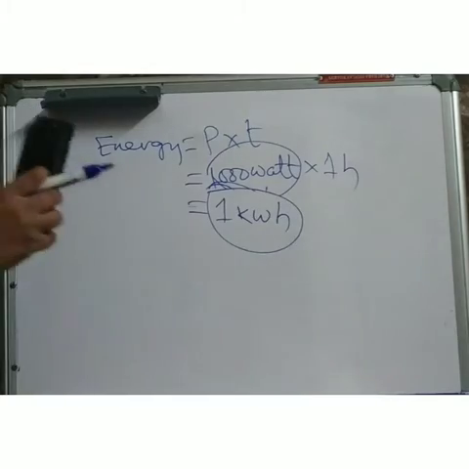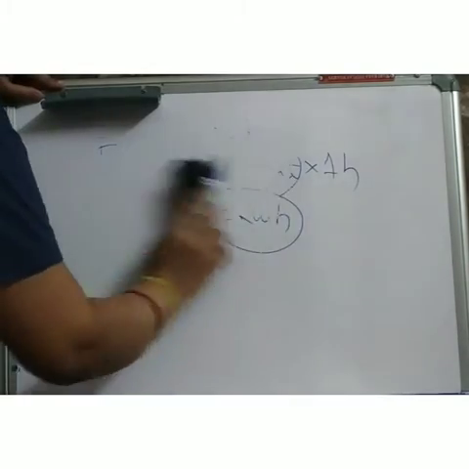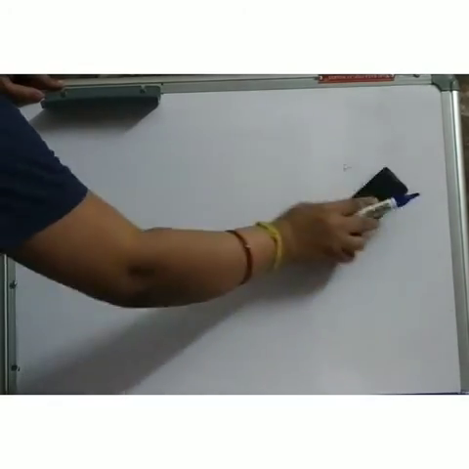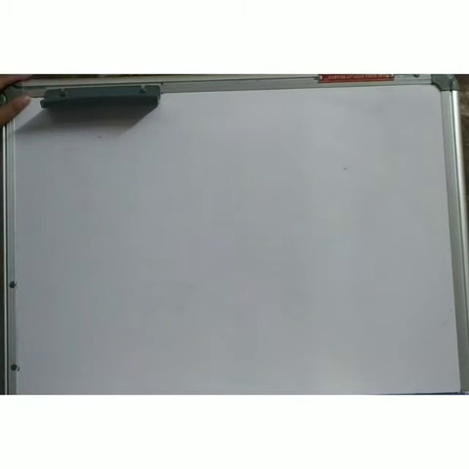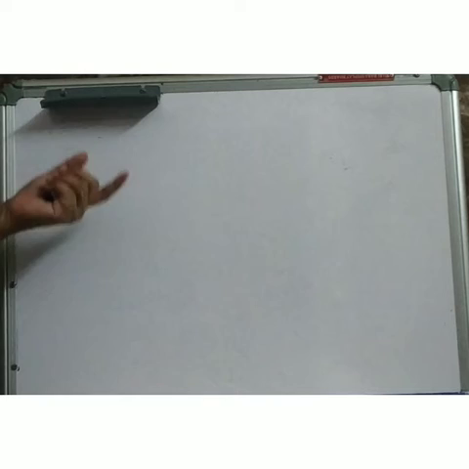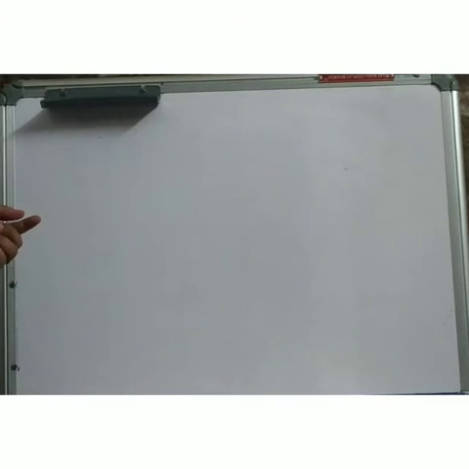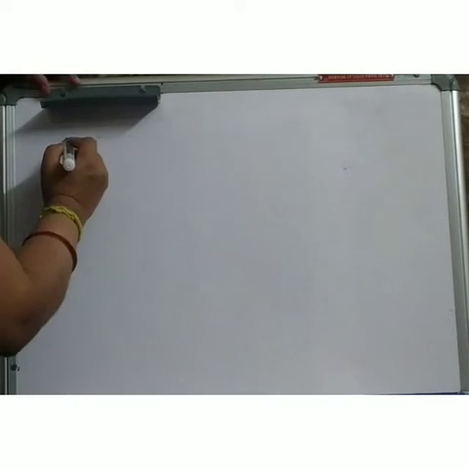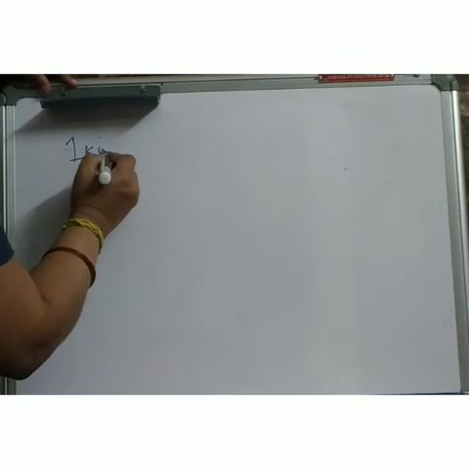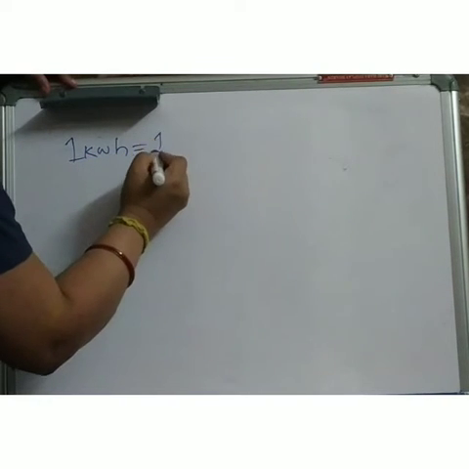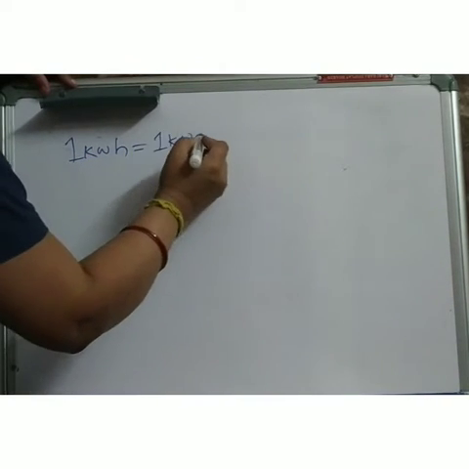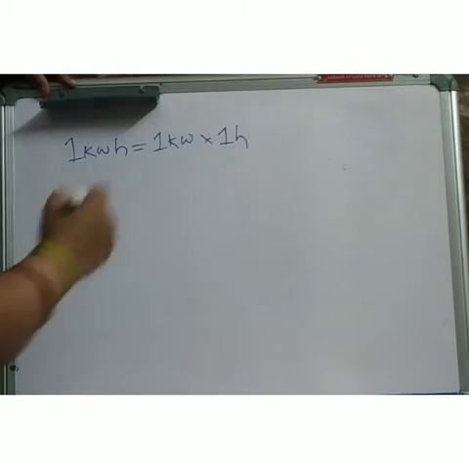Now we'll try to understand how this 1 kilowatt hour is related to joule, because till now we are calculating energy in joules. Now how to convert that? Clearly, 1 kilowatt hour means 1 kilowatt power for 1 hour.